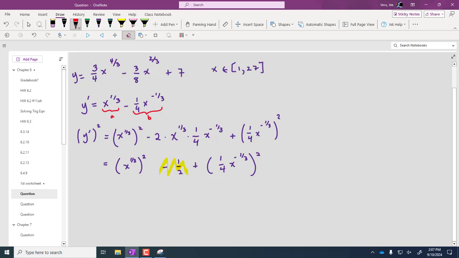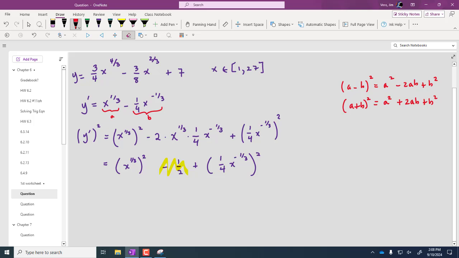So in the background magic, we know that a minus b squared is a squared minus 2ab plus b squared. And we know that a plus b squared looks identical except that the middle term is positive.